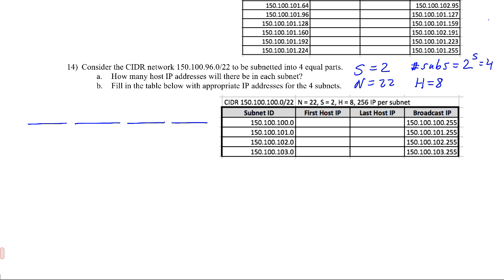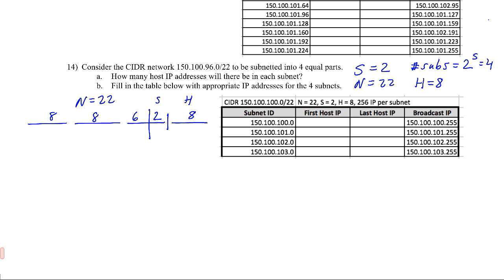And so there are 256 IP addresses for each subnet. N is equal to 22, which is 8 plus 8 plus 6. And so I have 2 bits here, but they're both S bits. So S is 2 and H is 8.